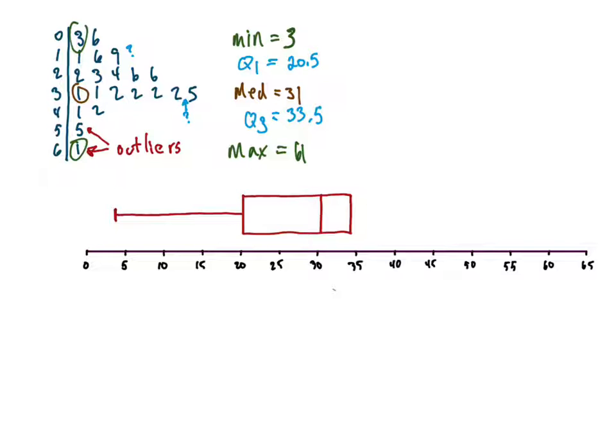The right-hand whisker is going to go up to 42 because it's the largest value not being an outlier. So a little line at 42 and my whisker, and then the two outliers we will denote as dots. There we are.